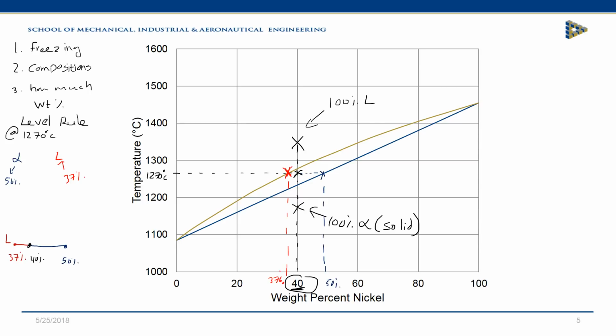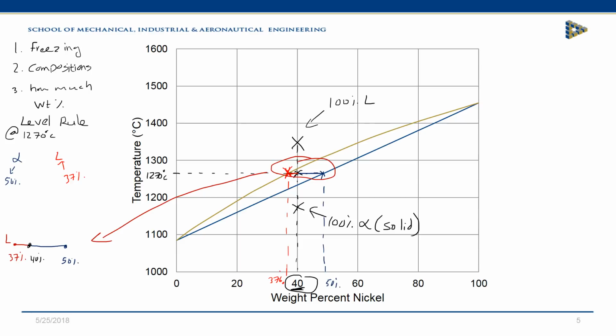If we look at this diagram, it's the same thing: there's my solidus, there's my liquidus, and this is exactly what I've got there. Intuitively, at this point I've just started solidification, so I would expect there to be more liquid than solid. When we do this lever rule calculation, we'll find out that that's true.